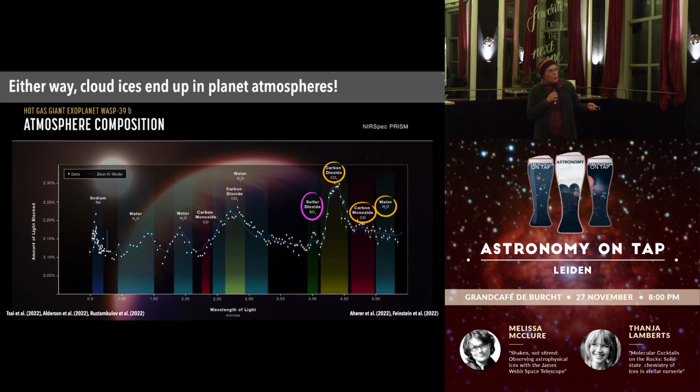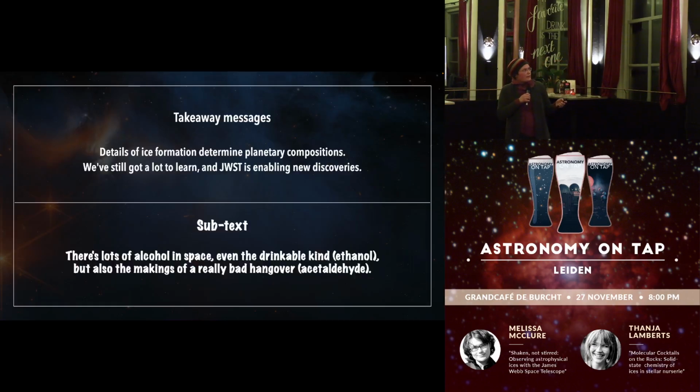And again, you can see water, carbon monoxide, carbon dioxide, and even sulfur dioxide, which we also see in the ices. So the takeaway message here is that the details of how the ice forms actually dictate something about the planetary compositions that you get over the next million years when you form planets out of these clouds.